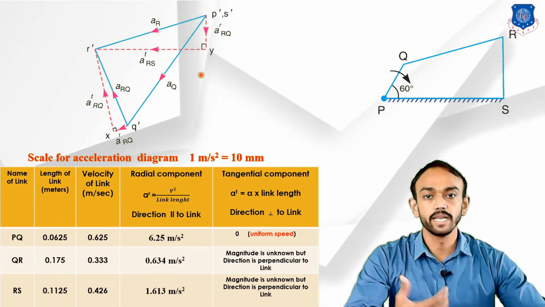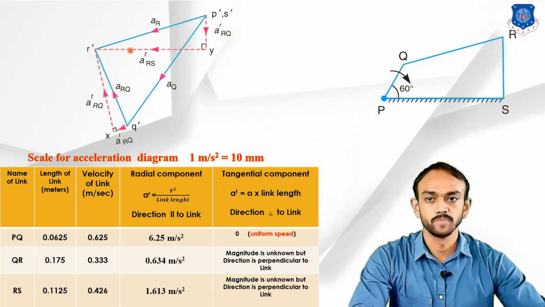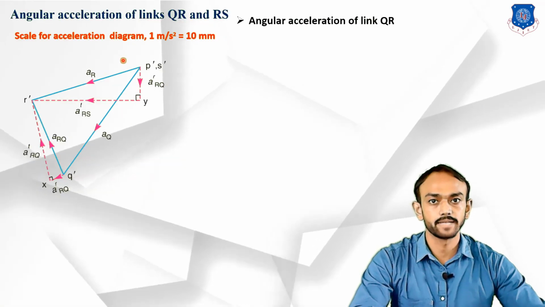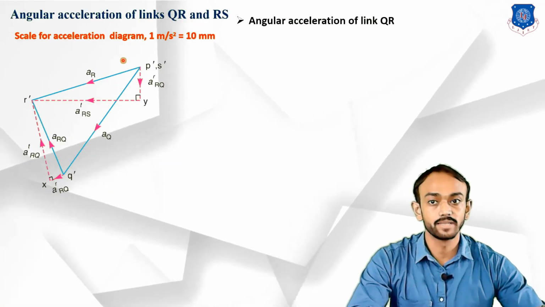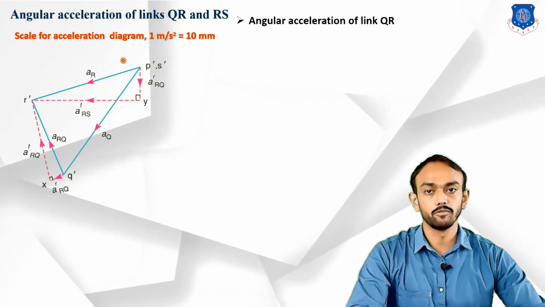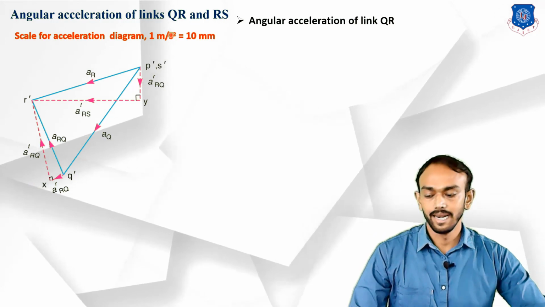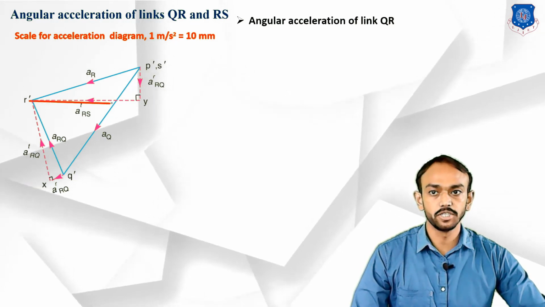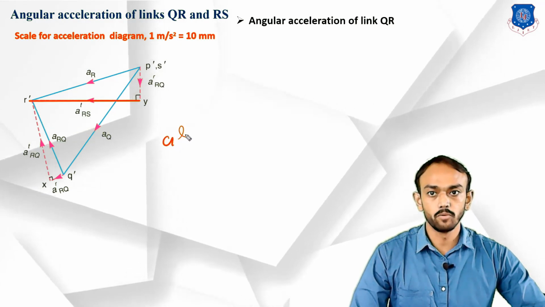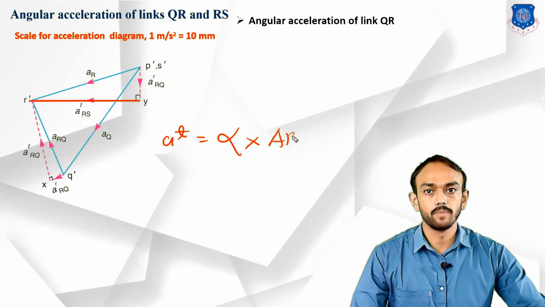Now we require the angular acceleration of QR and RS. So how can we find that? First of all we have to find the angular acceleration of QR, and for that we have to find the tangential component. So we will measure the length of all tangential components, and as you know, the tangential component is equal to angular acceleration into the length of the link.